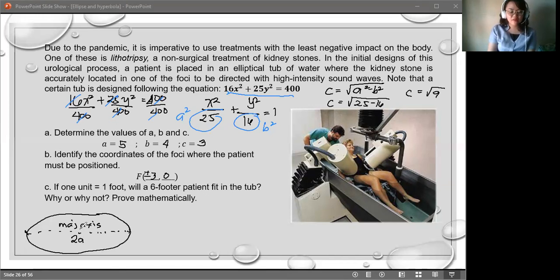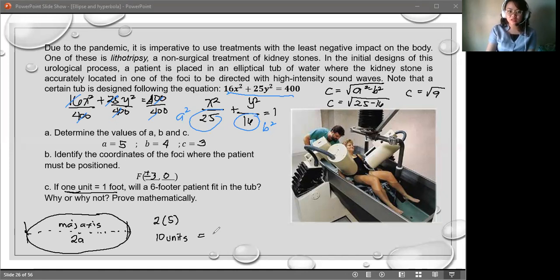So if the major axis is 2a and our a value is 5, that means we have 2 times 5 and we'll get 10 units. According to the problem, 1 unit is equal to 1 foot. So how long is our tub following this conversion unit?